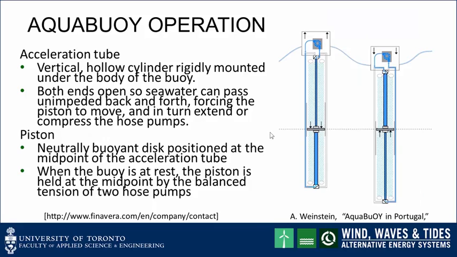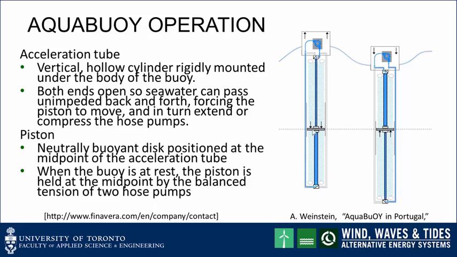So let's talk about the Aqua buoy operation. Let's start with this simple diagram. So let's talk about the components first. The acceleration tube is, as mentioned, this circular tube which is suspended beneath the buoy. And it has both ends open to seawater, so you can actually see some ports here in the illustration so that water can pass back and forth unimpeded.